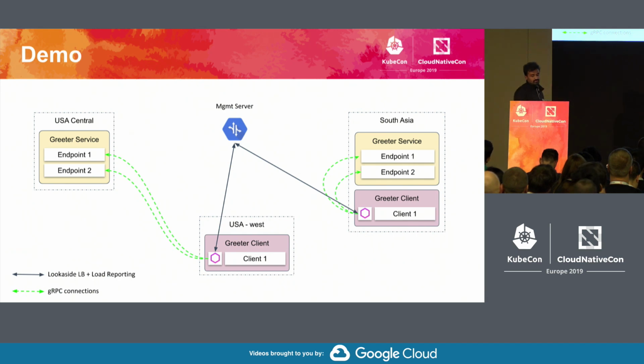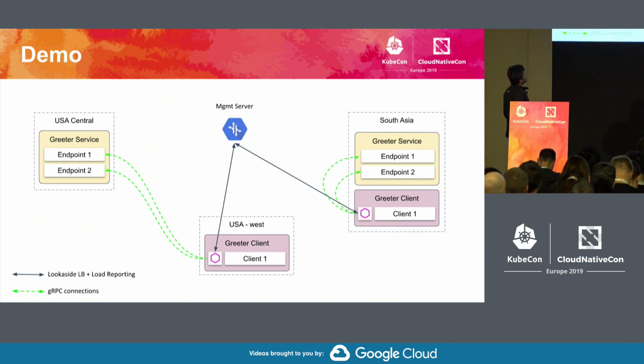We can use Istio as the management server too. Traffic Director was just easier for me to configure for this particular demo, and it's easier for me to write up a demo script, which I've also made available and is present in the last slide. But it's the same XDS API which Istio uses.